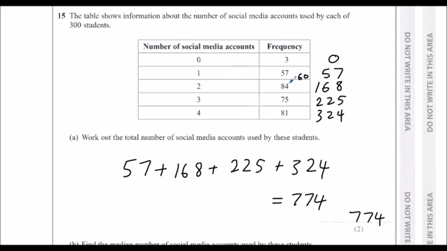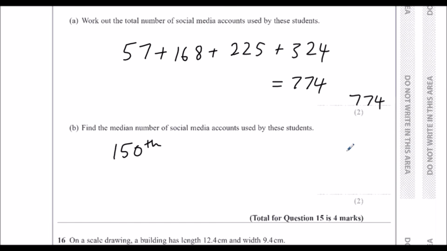Add on 84 is 144. So all the people with 0, 1 and 2 add up to 144 people. So the middle person must be, well, 6 into this group. They must have 3 accounts. So the median is 3. That's the middle number.